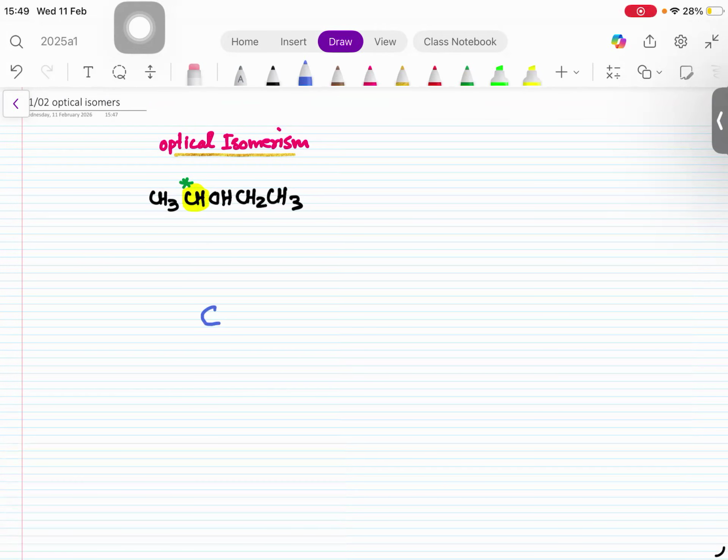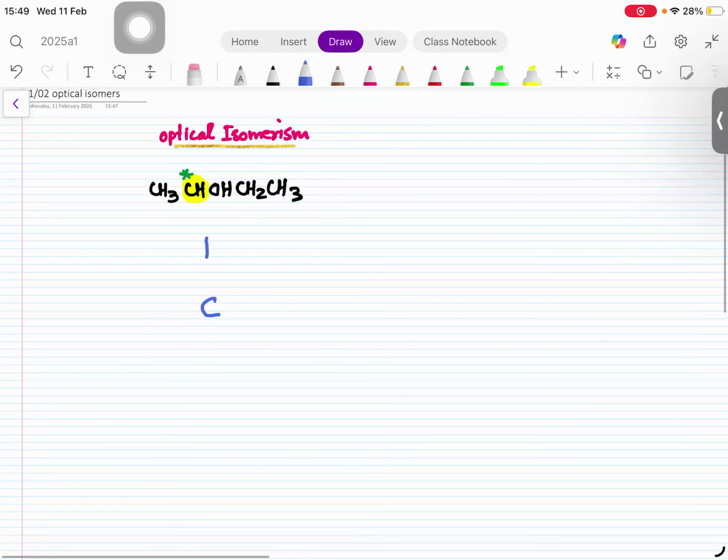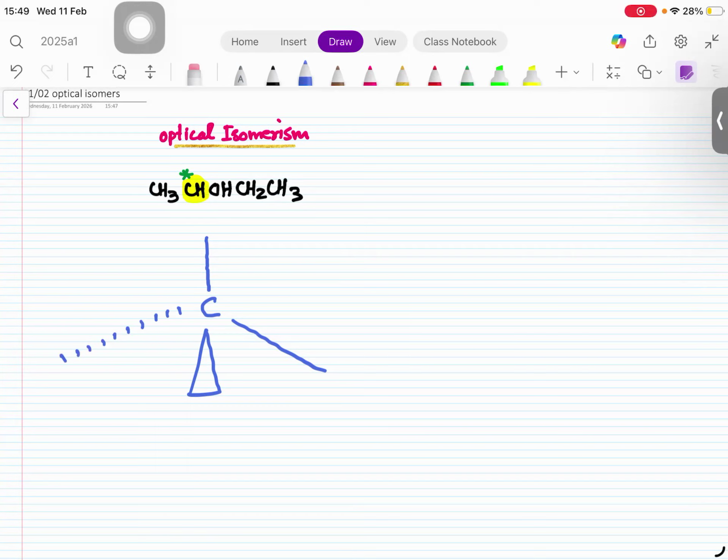Since it has four different groups, its geometry will be tetrahedral, so you have to show it in three dimensions. Two bonds are along the plane, one is a triangle coming out of the plane, and there is a dashed line going behind the plane.